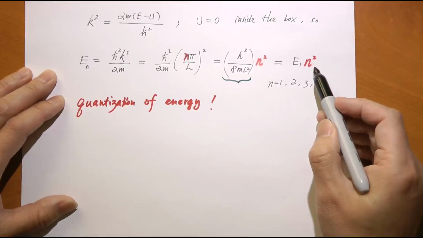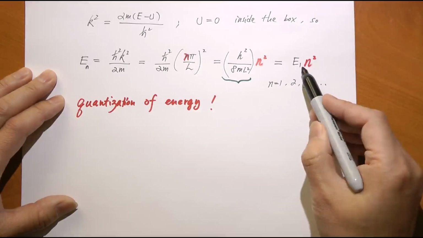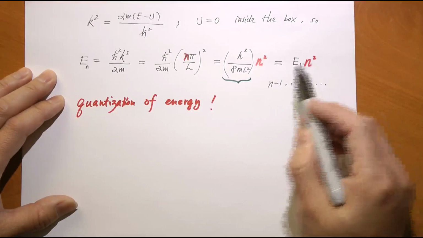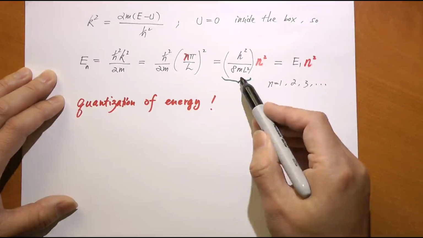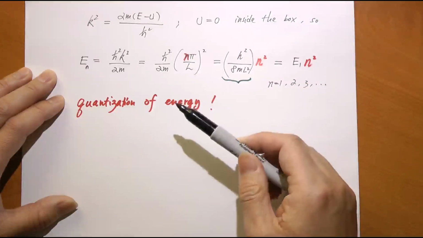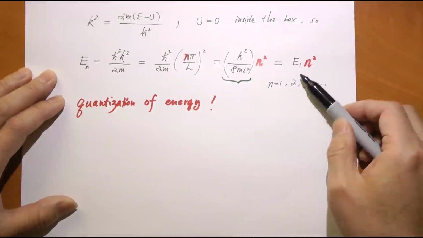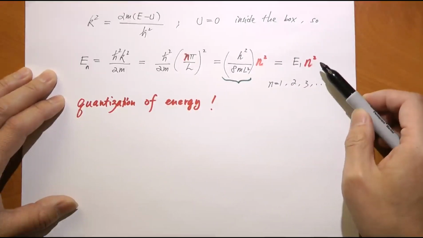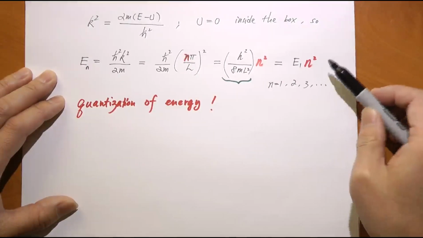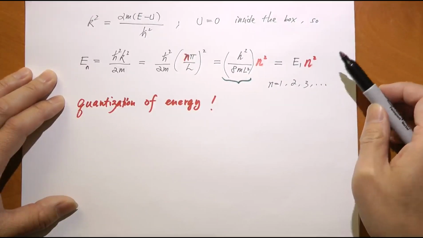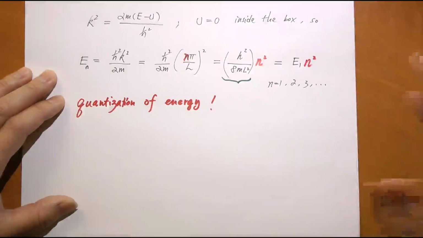In fact, this expression is the energy value when n equals 1, because n squared is 1 as well. So this is E1, and the total energy of the system in any quantum state must be equal to this E1 value times n squared. It cannot be just anything else. And n is 1, 2, 3, 4, and so on. You see, energy is indeed quantized.